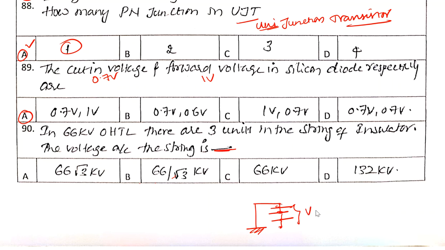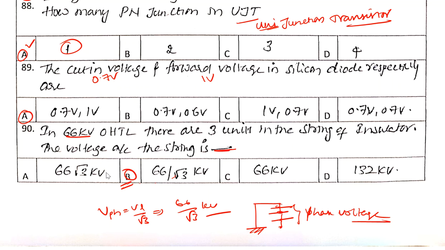Now, what does the voltage across the string mean? Is it a phase voltage or line voltage? It is always a phase voltage, but what is given is the line voltage, so convert to phase voltage. VPH is equal to VL by root 3. They gave VL as 66, so 66 divided by root 3 kV. The answer is B here. This is a Polytechnic lecturer examination question.